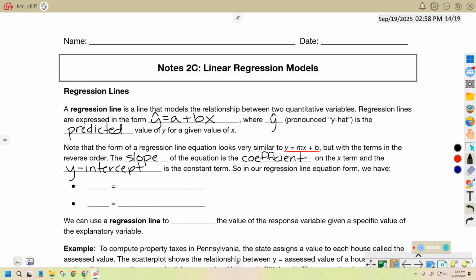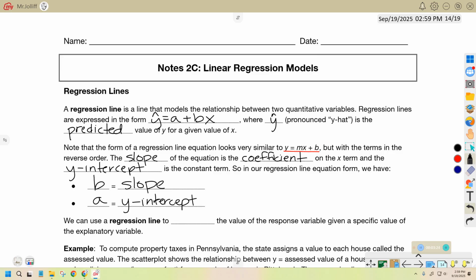We got a B. I am inclined to agree. B is the slope. Is this the thing being multiplied by x? It's the coefficient on the x, which means A is my constant term, my y-intercept.